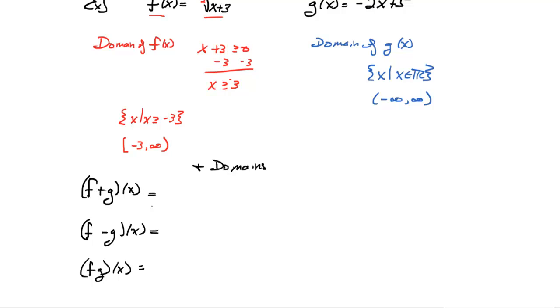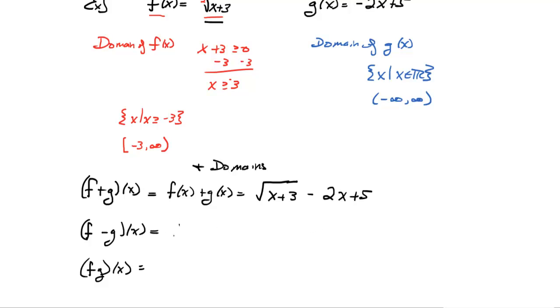So f plus g of x, let me split this up, will be f of x plus g of x. This will give me the square root of x plus 3, which is f of x, and this is all underneath the radical, then minus separately 2x plus 5.